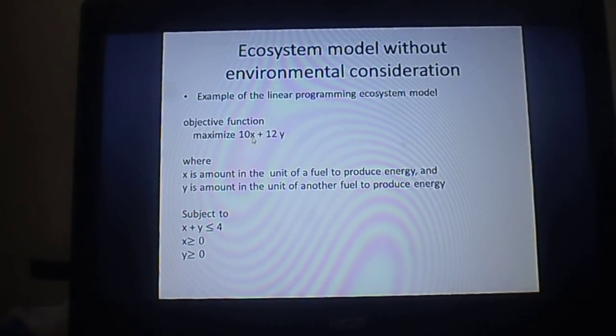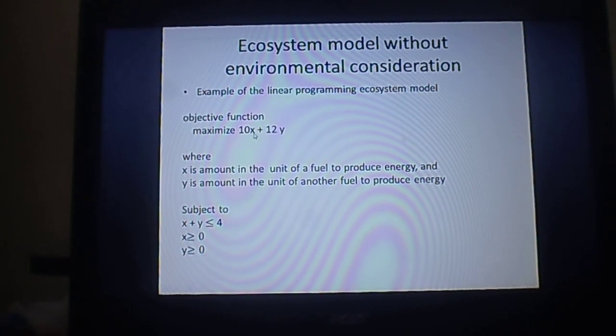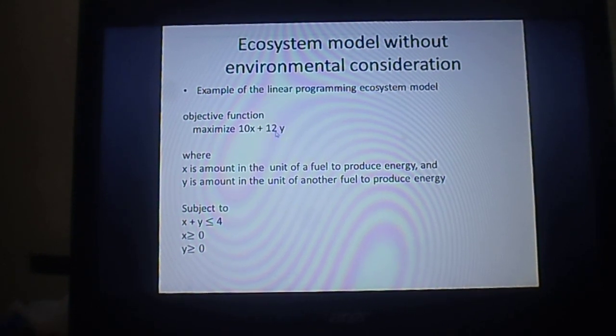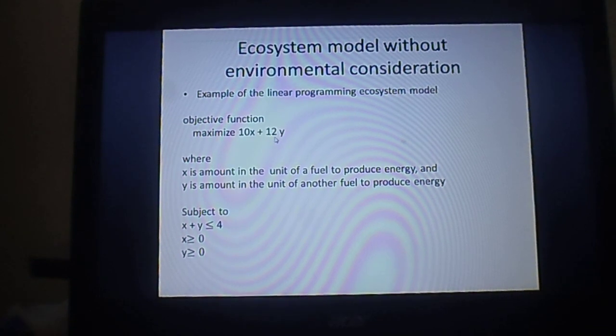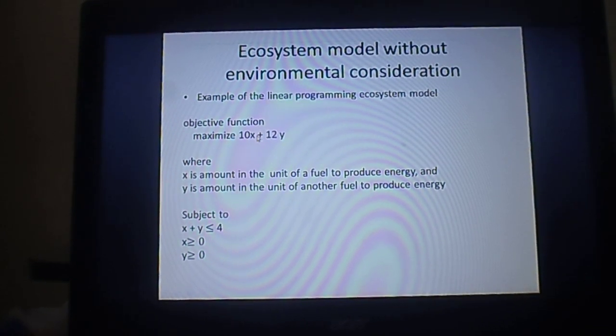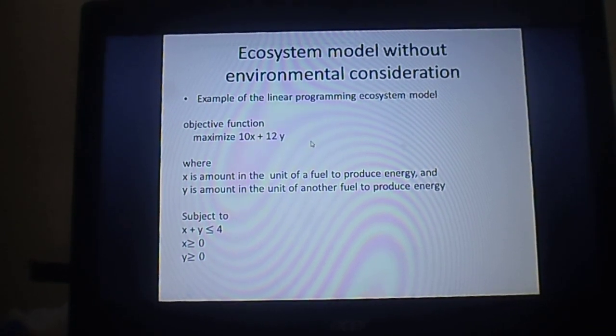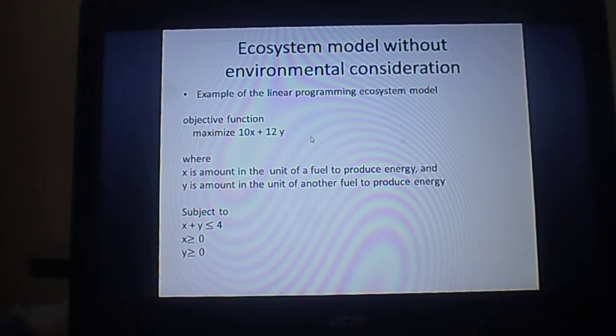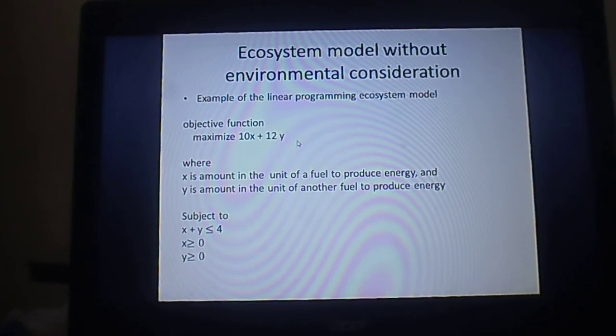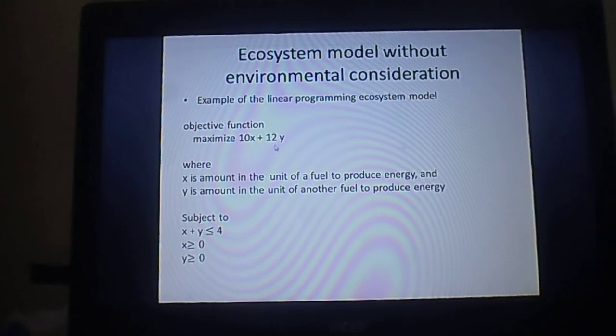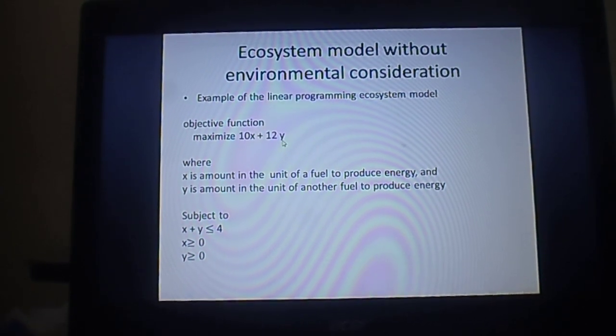Notice that 10x times 0 is 0, 12y when y is 4 is 48. So 0 plus 48 is 48, which is the amount of benefit obtained for x equals 0 and y equals 4.